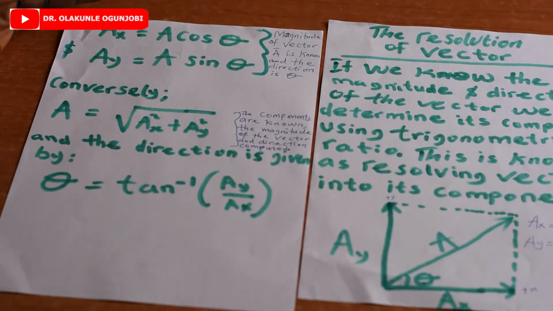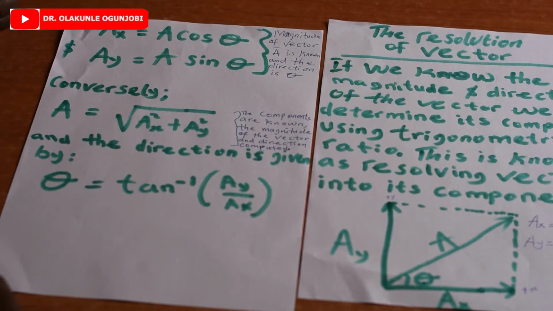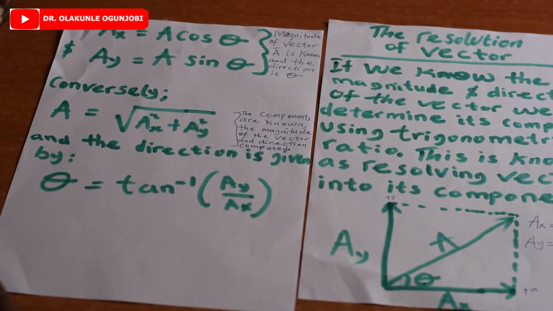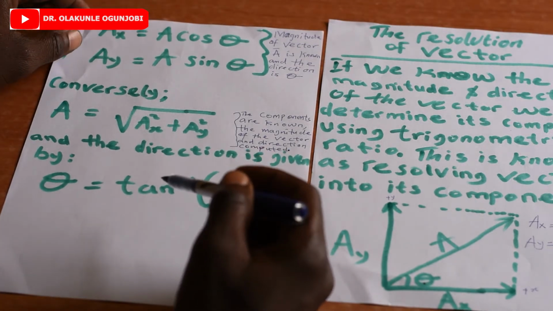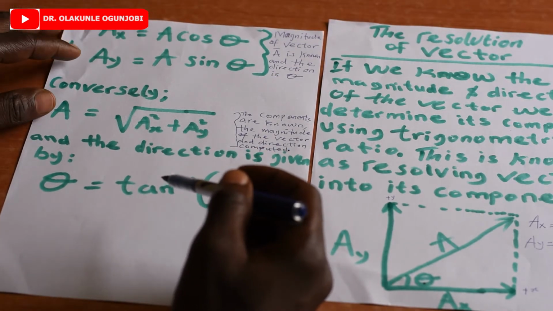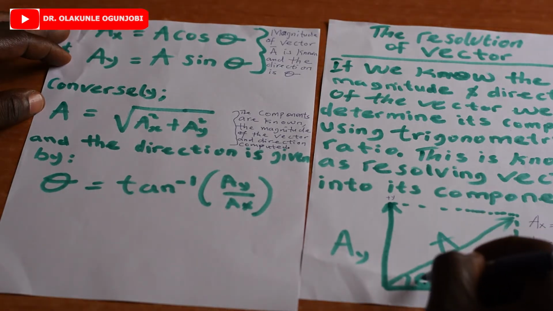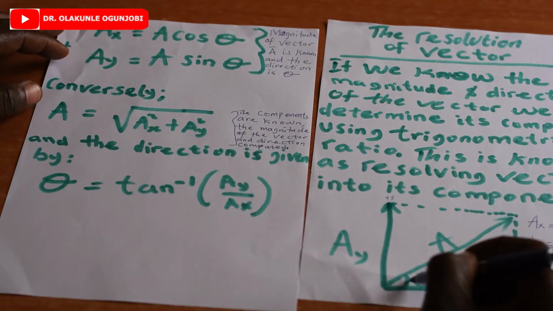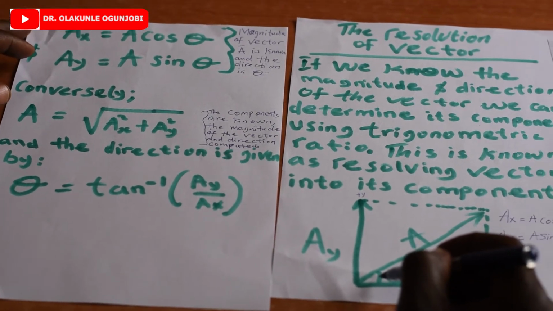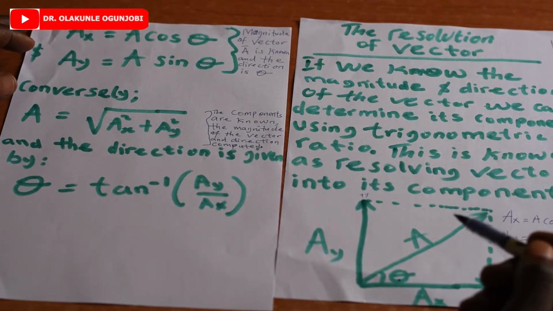So it will always be given this way, provided that the angle theta is between the vector and the axis.